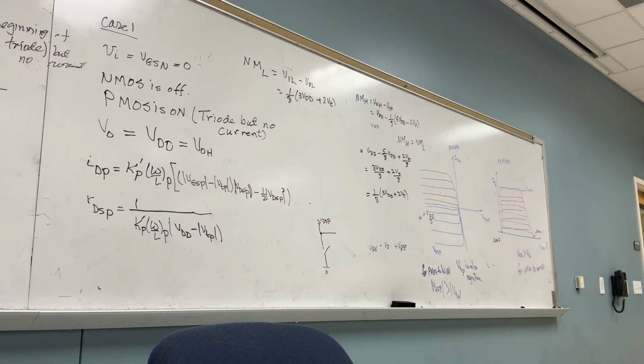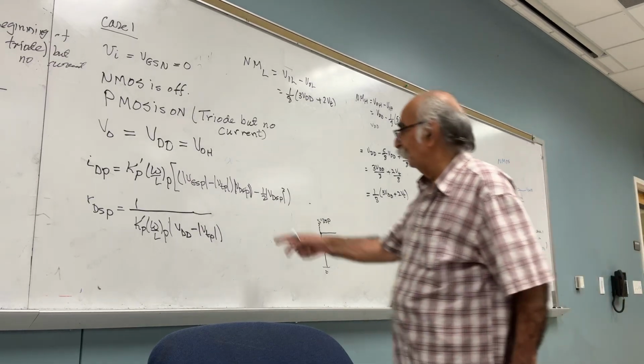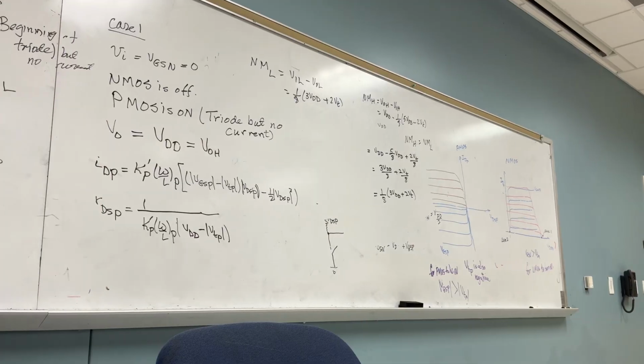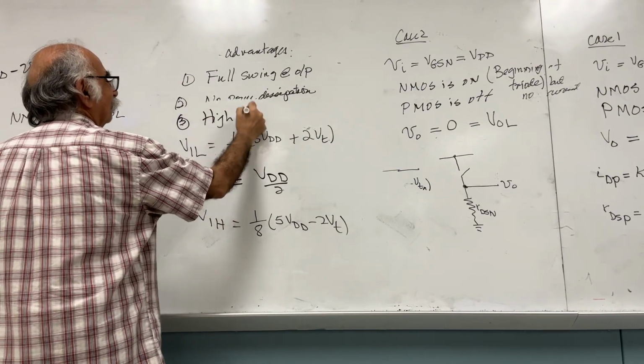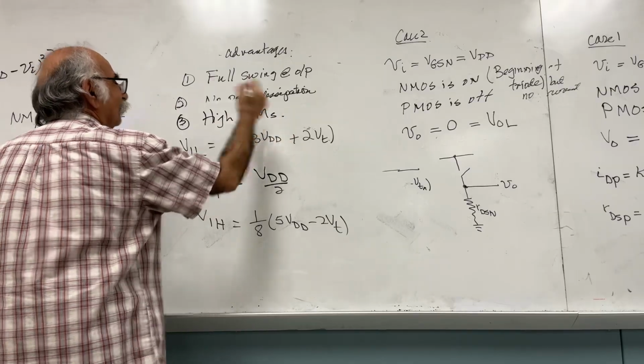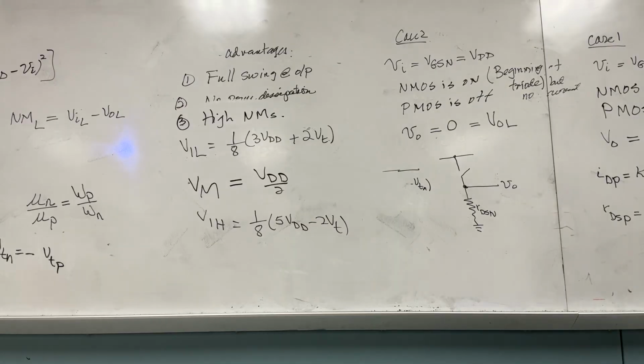This is the characteristic. Does it look good? By the way, the advantage is that we have now calculated the noise margin. What do I say? High noise margin. When we say high noise margin, is that good or bad?